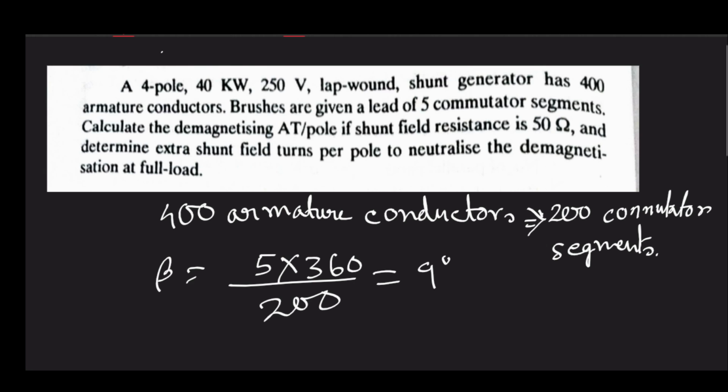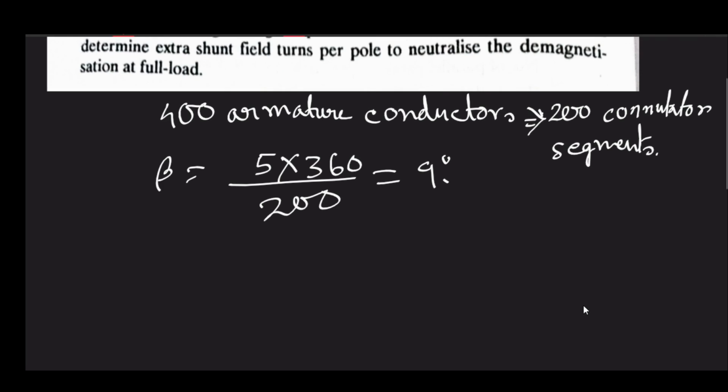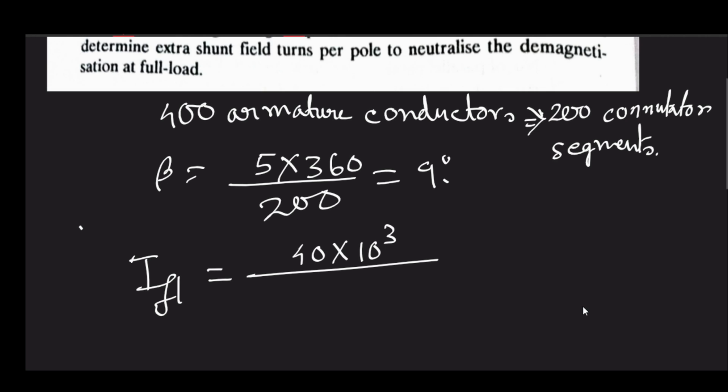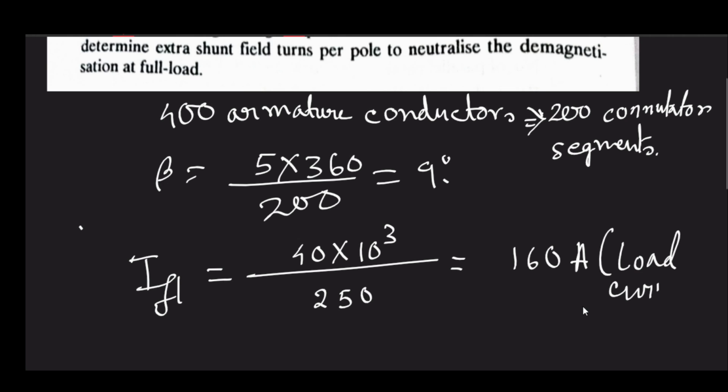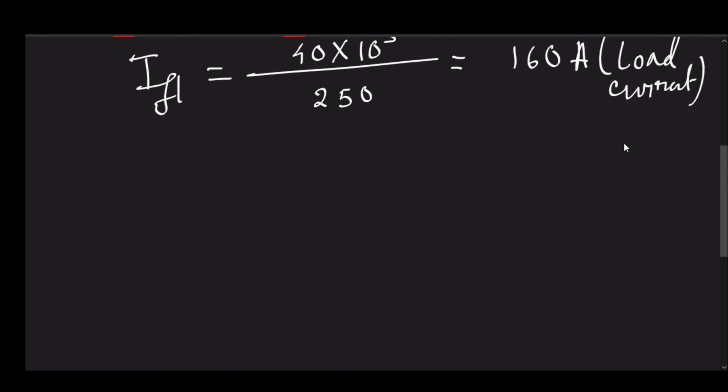Similar to the previous problem, we have to find out the full load current. This is our load current, right? Do note that here we are considering the 40 kilowatt as output.